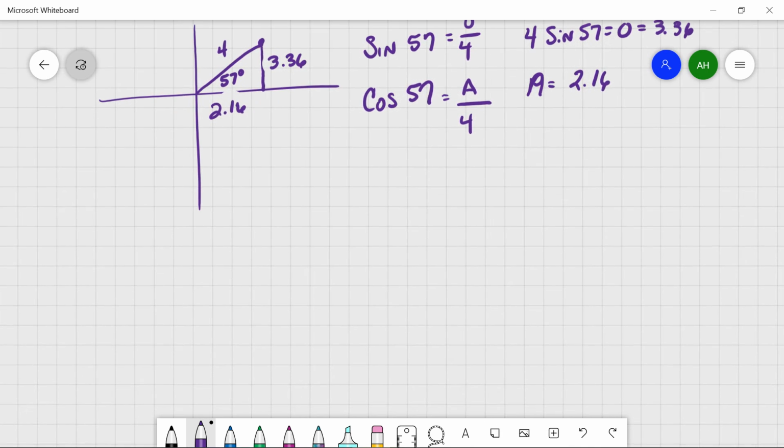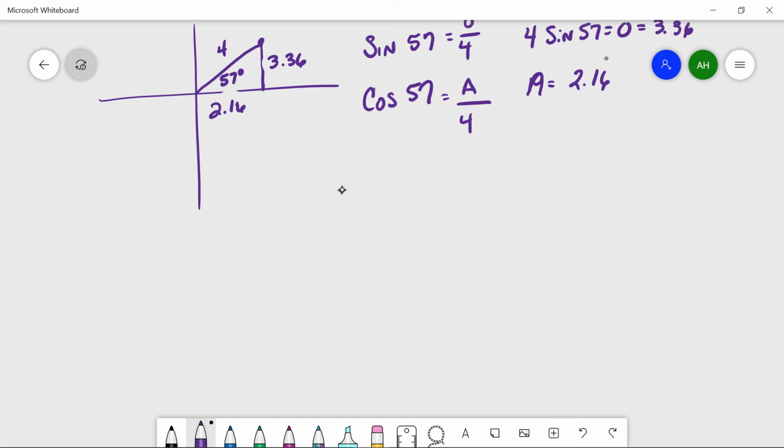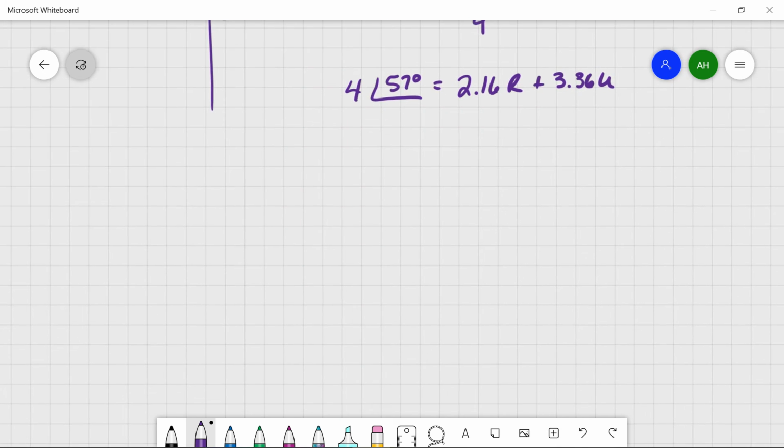So as I write this then in my rectangular form, I've got 4 at 57 degrees, polar form, equals 2.16 R plus 3.36 U. Okay? So I've taken that and changed it from polar form to rectangular form.